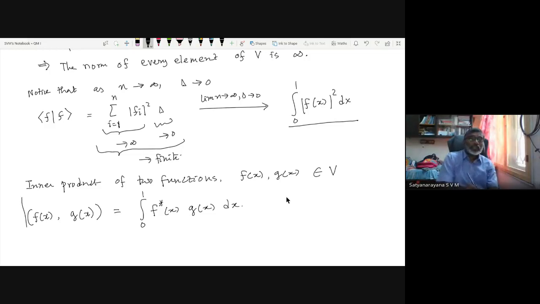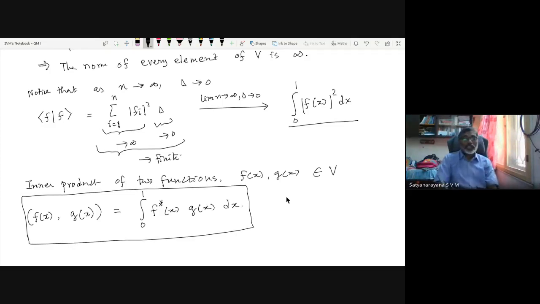This is a generalization of the inner product definition to function spaces.